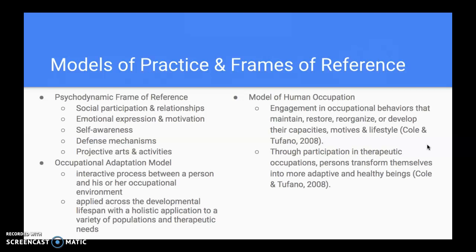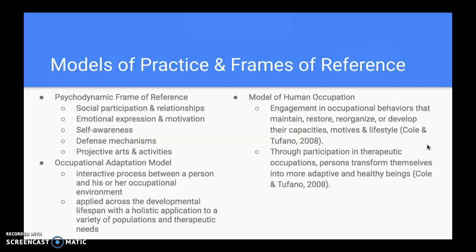It breaks the frame of reference into 5 different categories for us to consider during intervention. These 5 categories are social participation and relationships, emotional expression and motivation, self-awareness, defense mechanisms, projective arts, and activities.